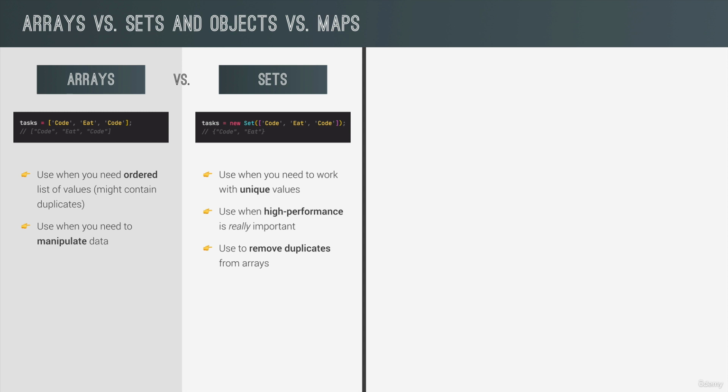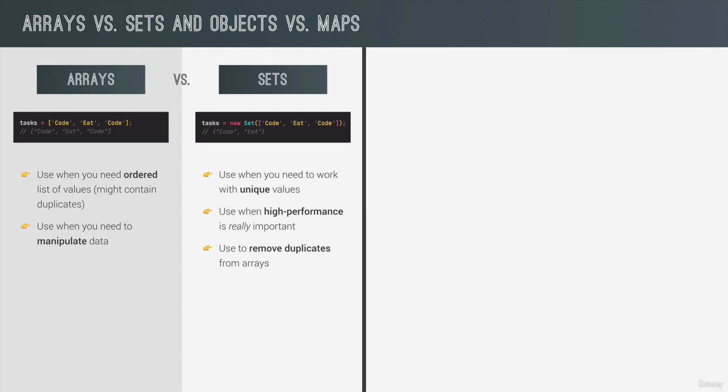Also, you should always use arrays when you need to manipulate data, because there are a ton of useful array methods. Now, sets, on the other hand, should only be used when you are working with unique values. Besides that, you can also use sets in situations when high performance is really important, because operations like searching for an item or deleting an item from a set can be up to 10 times faster in sets than in arrays.